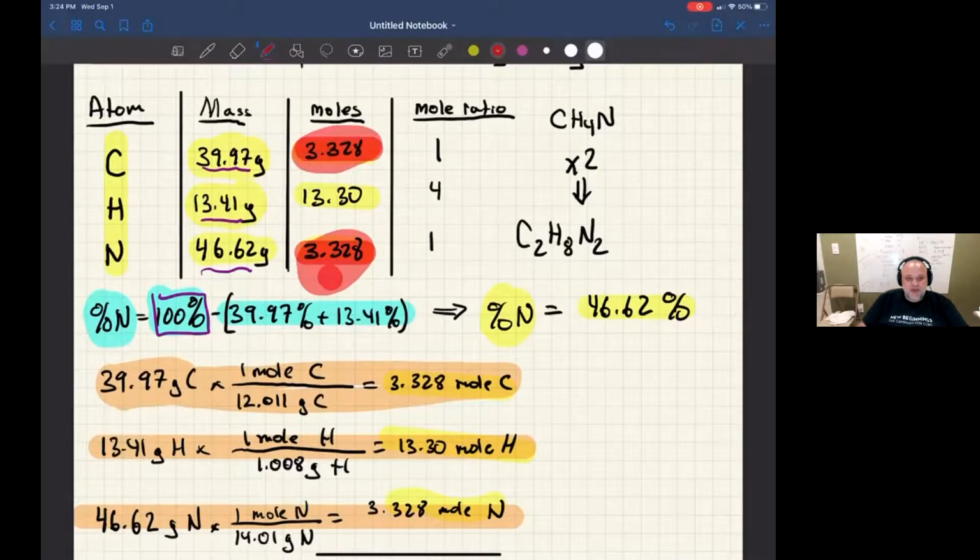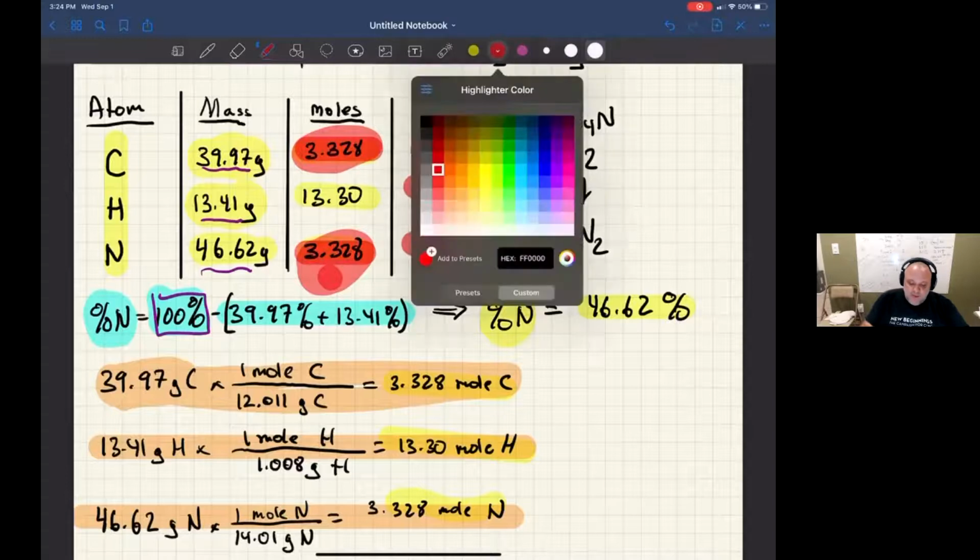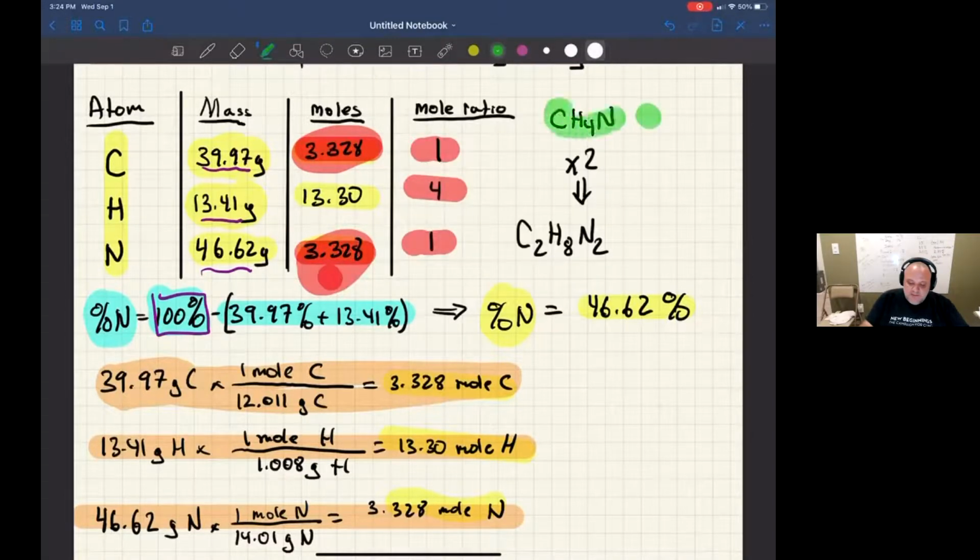Now I've got two values that are the same, so I can divide 3.328 by 3.328, I get 1. And then 13.30 divided by 3.328, I get 4. So what do I have going on here? Now I've figured out the empirical formula of the compound, CH4N.